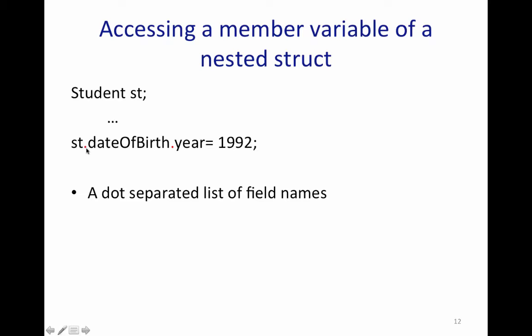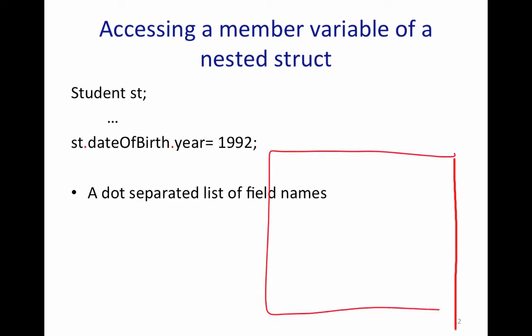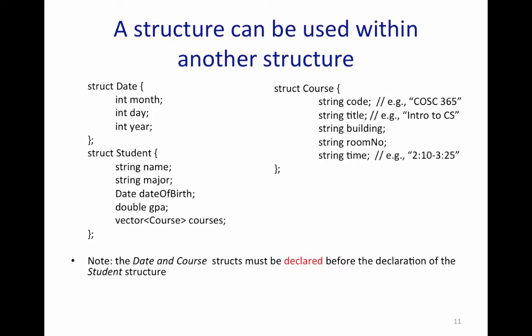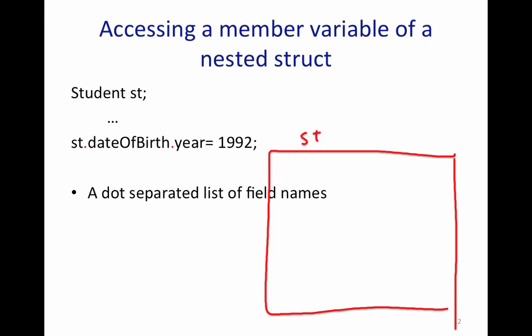So you just give a period separated list of member variable names. So ST is the student. So if you could look at what ST looks like. This is ST, and it has a name and a major and a date of birth.